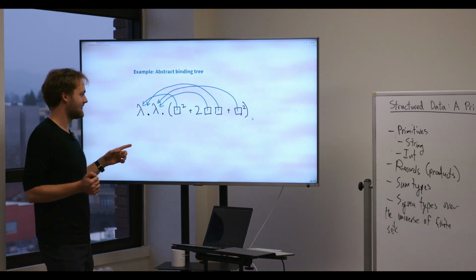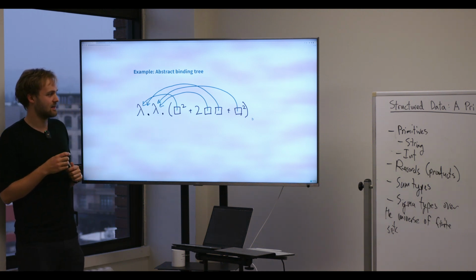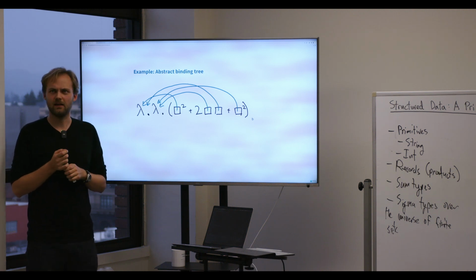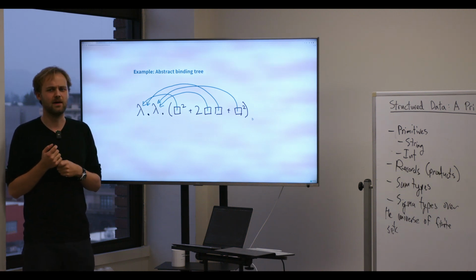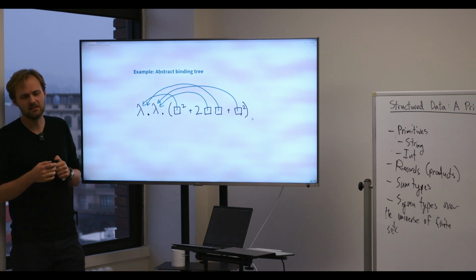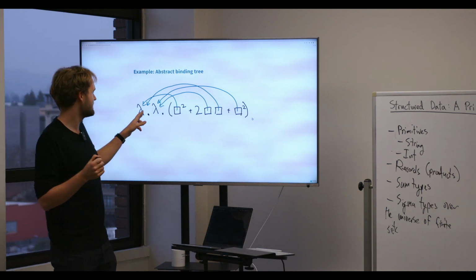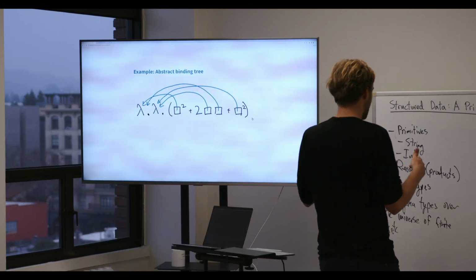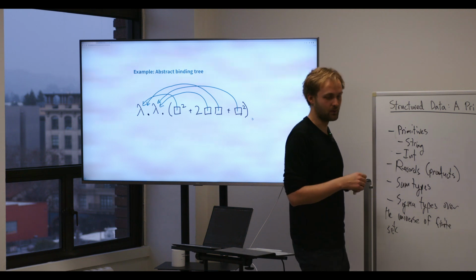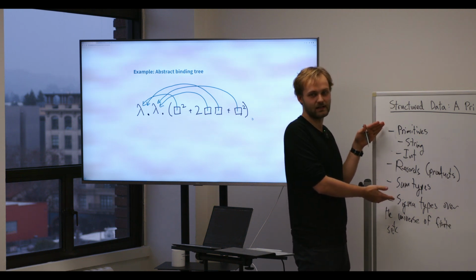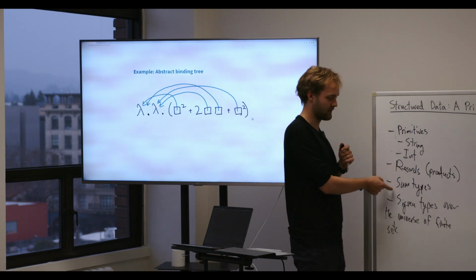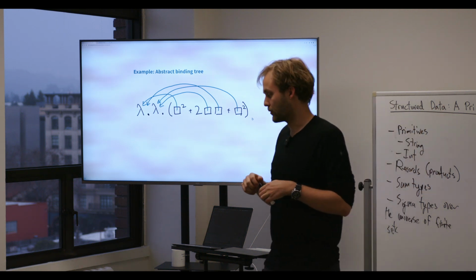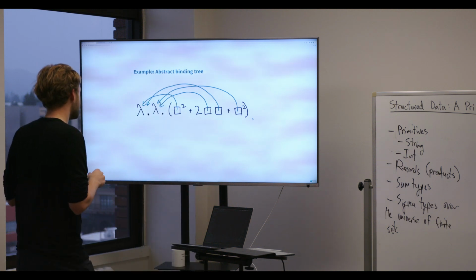Another example is an abstract binding tree, as these were invented, or I think Fiore invented them. There may have been abstract binding before, but at least he did a lot of work on them. And the idea here is, it's very traditional in, say, compilers written in Haskell to express your syntax tree as an algebraic data type via records and sums, and then your variables are like text or integers if you're doing De Bruijn indices.